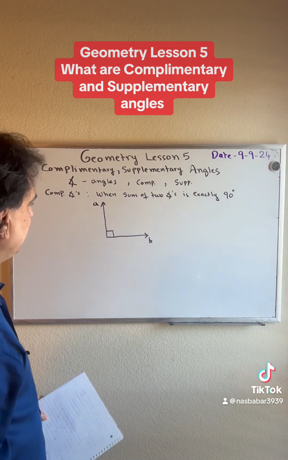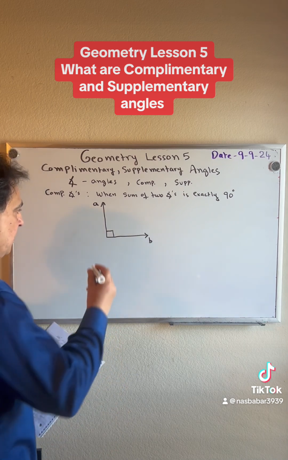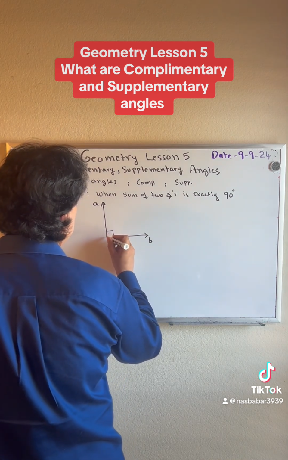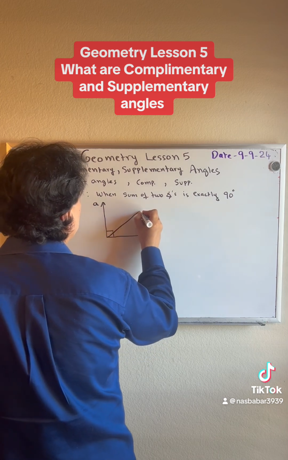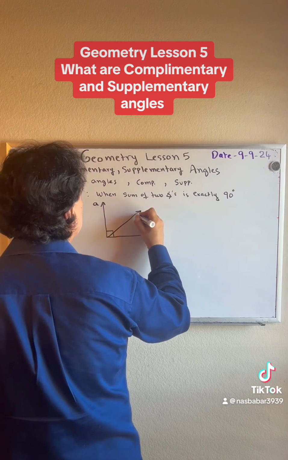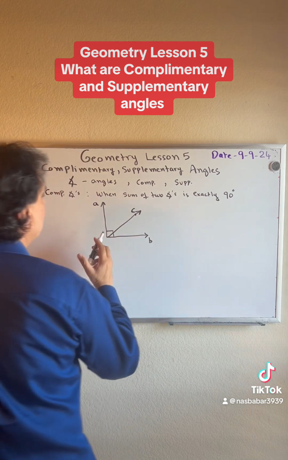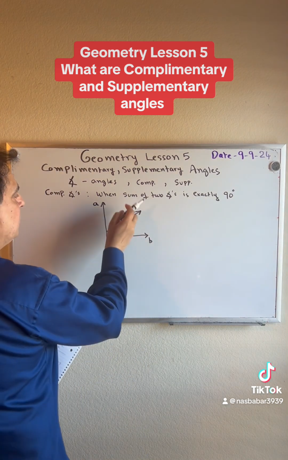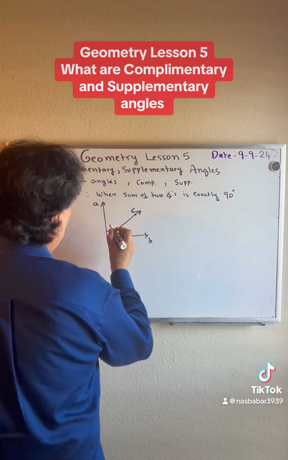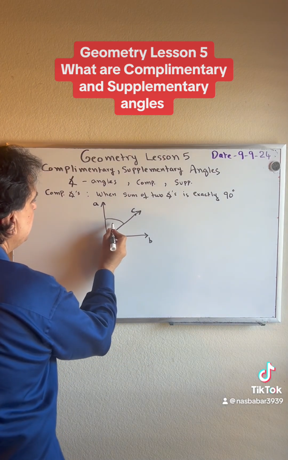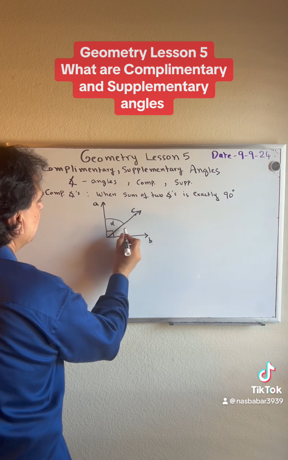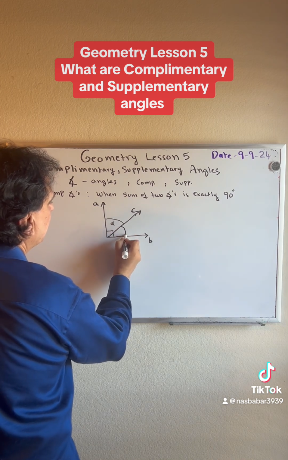Now, let me ask you this. If I draw an angle in between right here, let's call this angle C. So this is A ray, B ray, and this is C ray. Now, let's call this angle right here D, and let's call this angle right here E.